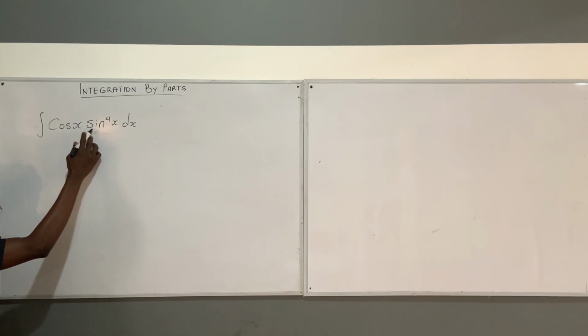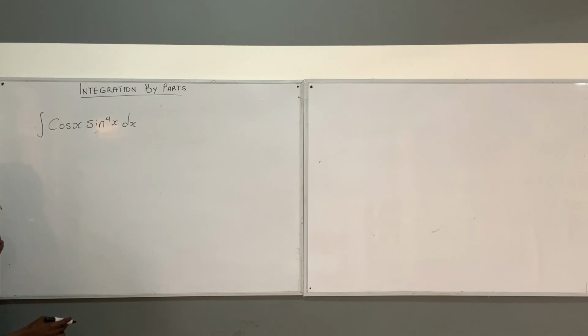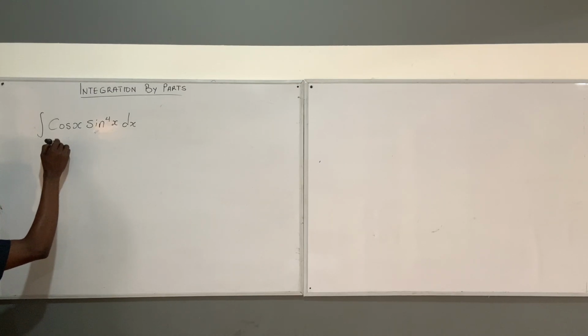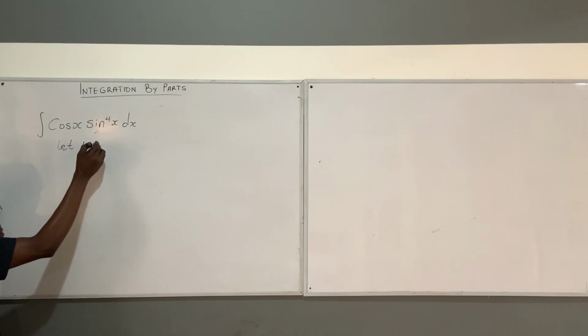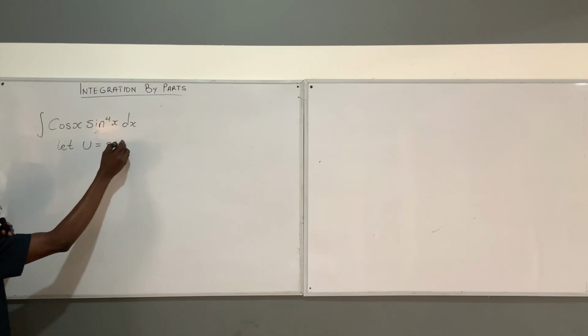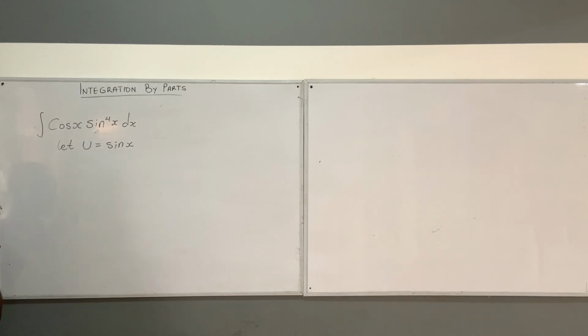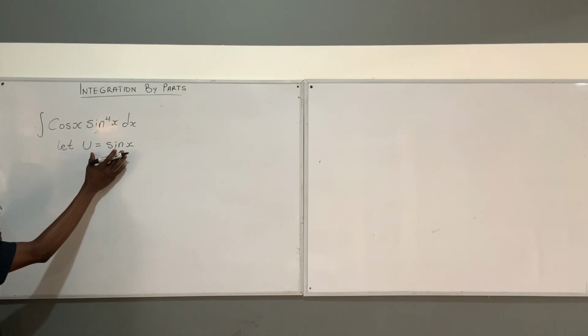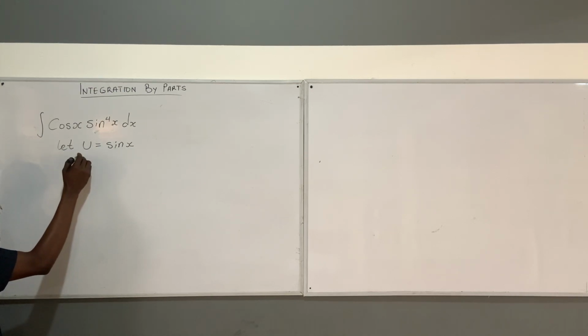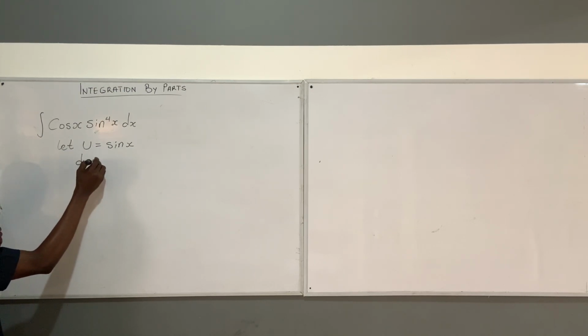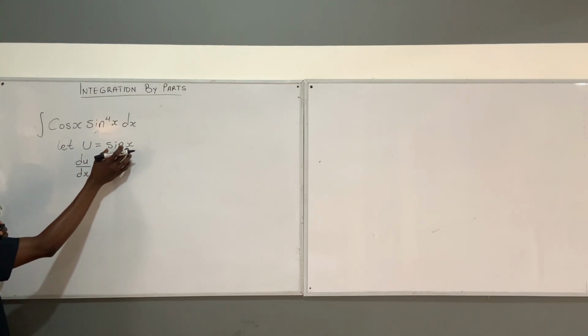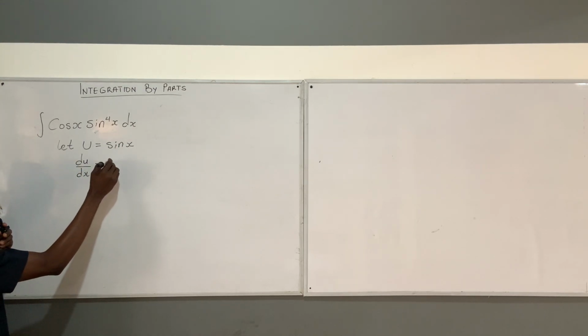So we will represent sine x with a variable u. Let u be equal to sine x. Let us differentiate this function. So we have du over dx, what is the differential of sine x?